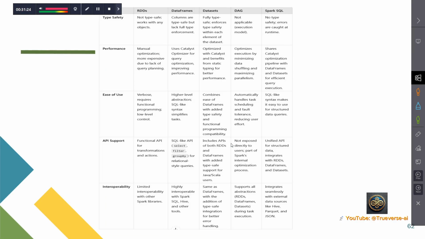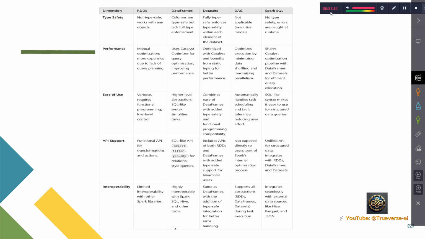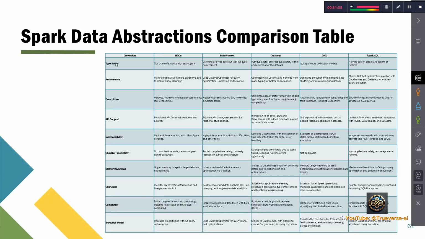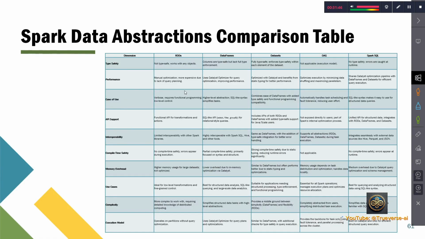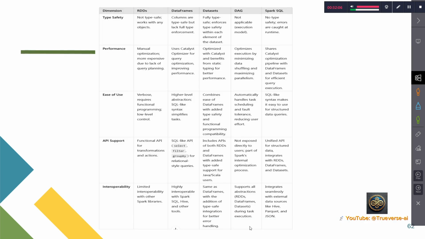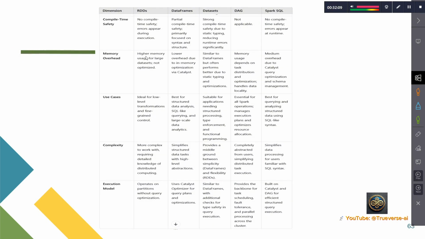So you see these 2. If I put this one here, so this is until 5 rows, this is 1. So these two tables are the same as this one. So for example, type safety, and then performance, ease of use, API support, interoperability. This is this slide. And the second one: compile time safety, memory overhead, use case, complexity, and execution model.